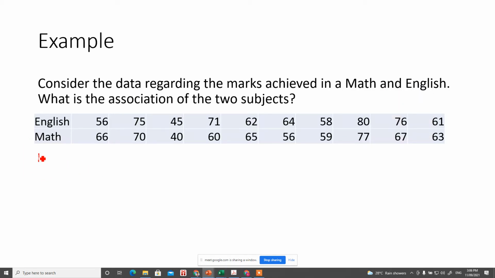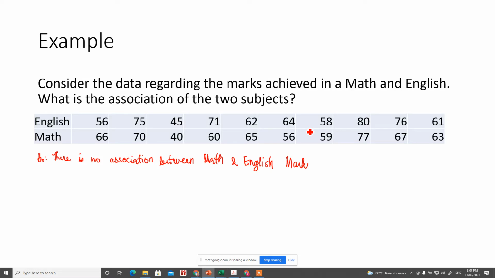So for our null, there is no association between math and English marks.